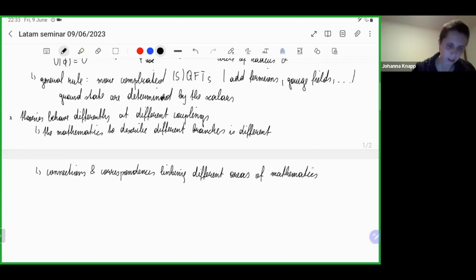So the physics behind this is you have one theory and you have a parameter space. And at some value of the parameter space, you have one type of vacuum. And at some value of the parameter space, you have a different type of vacuum. And the mathematics to understand the vacuum is not necessarily algebraic geometry or topology. It could also be something like singularity theory, or it could be symplectic geometry versus complex geometry, something like that.